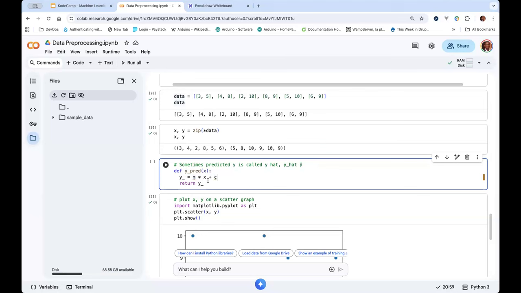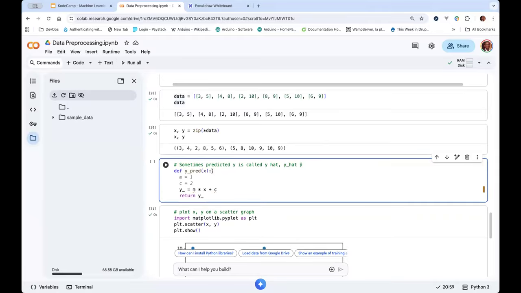Okay, so now the only thing is that I don't have M and I don't have C. These M and C are properties of the model. Let's give it values. So let's say we start with M being 1 and C being 2.